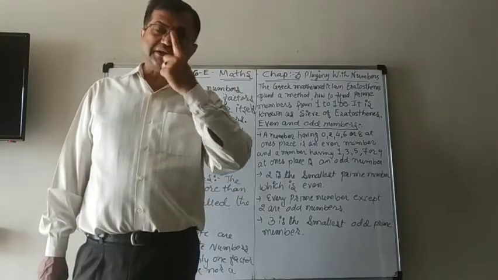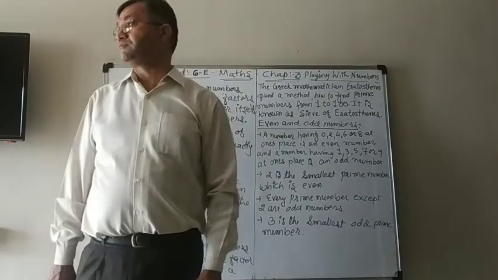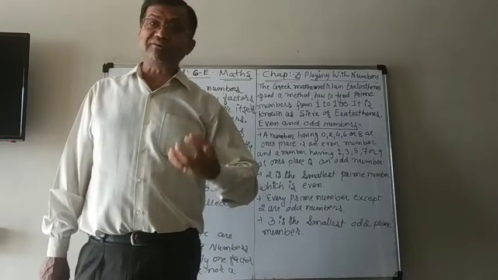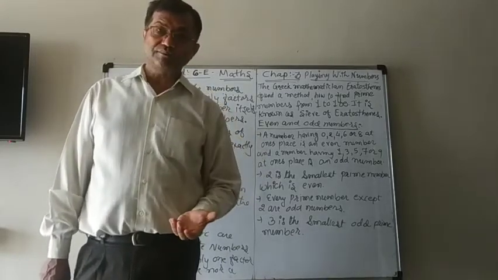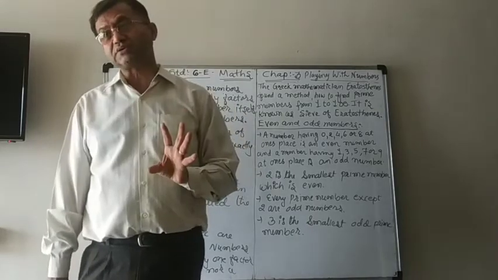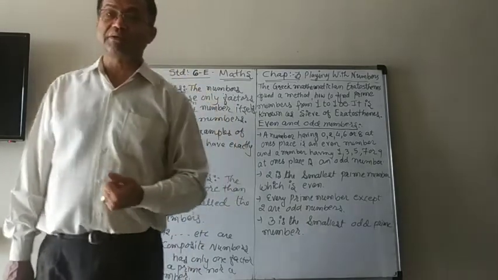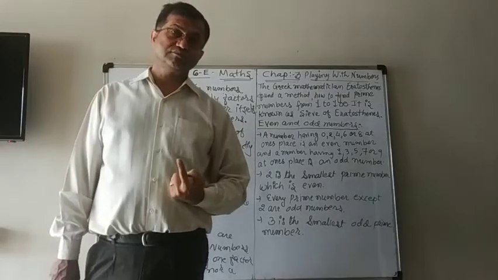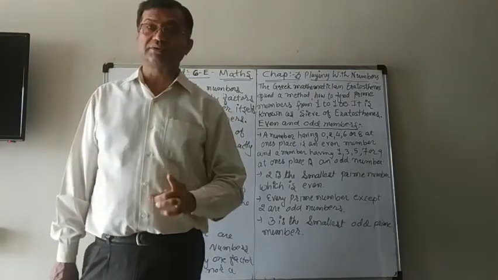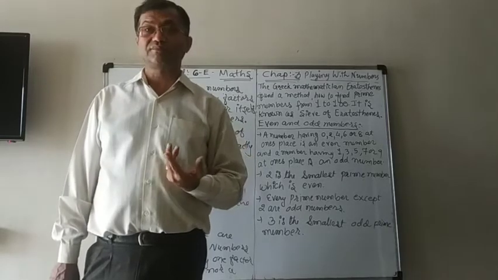Now let us take the number 1. Where can we put the number 1? Can we call it a prime number, or a composite number? 1 has only 1 factor, that is itself.